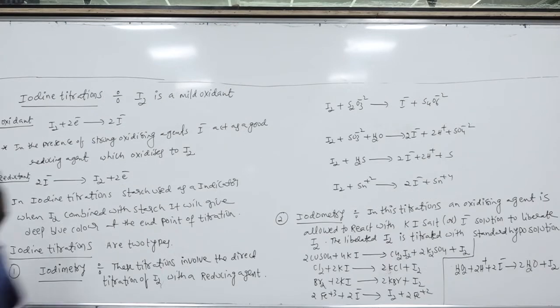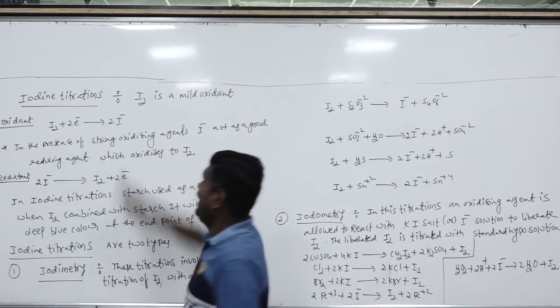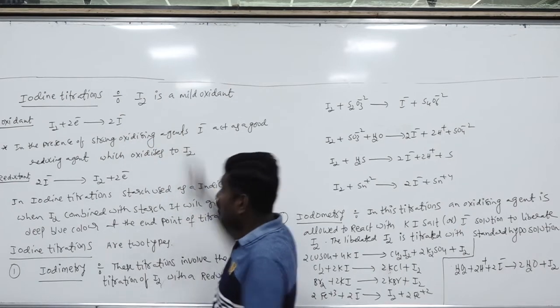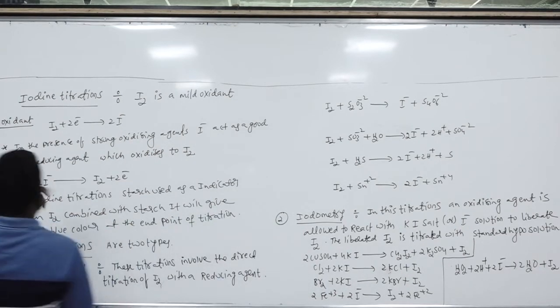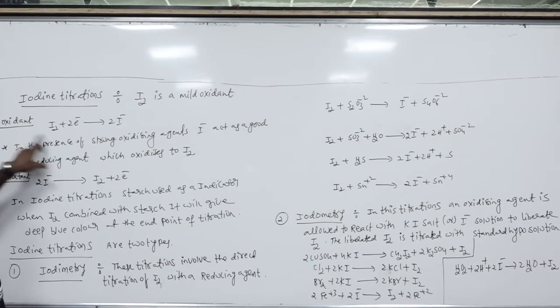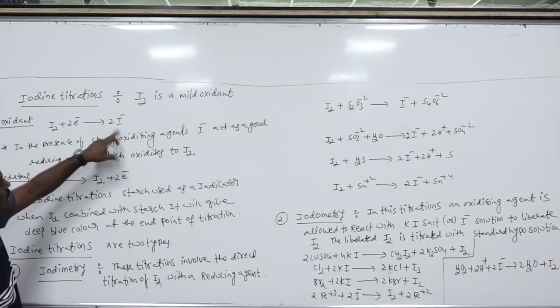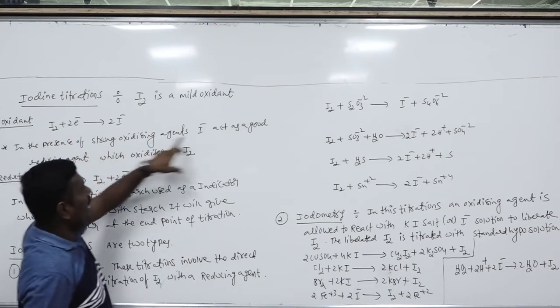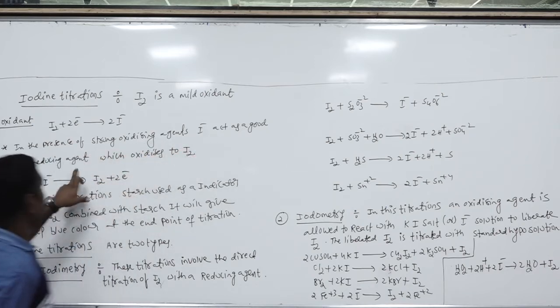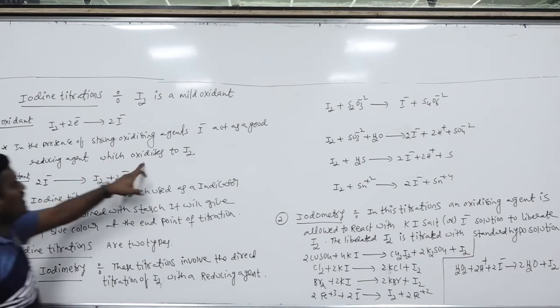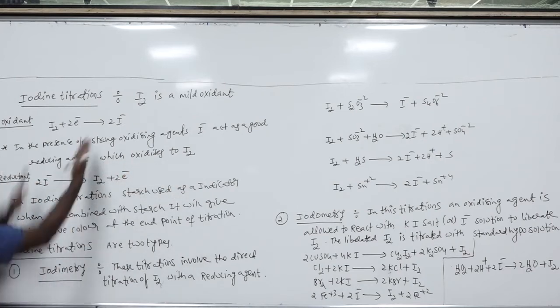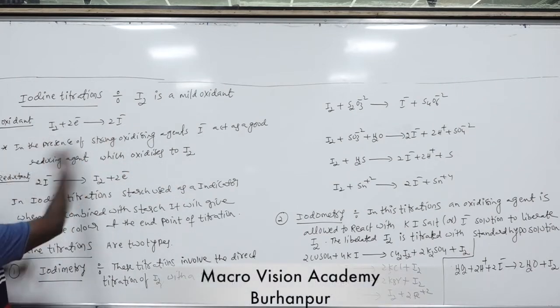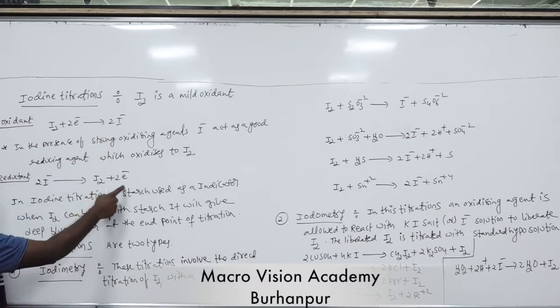Now, important one is the iodine titrations. Iodine is a mild oxidizing agent. Now, it can act as an oxidizing substance: I2 plus 2 electrons gives 2I-. In the presence of a strong oxidizing agent, iodide ion acts as a good reducing agent also, which easily undergoes oxidation to give I2. So in the reverse reaction, 2I- gives I2 plus 2 electrons.